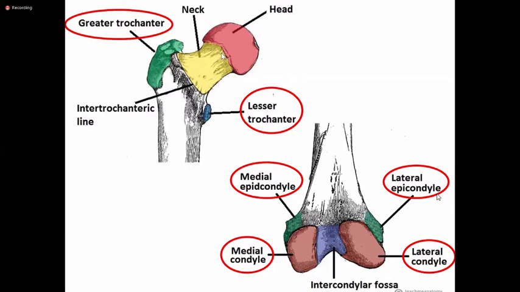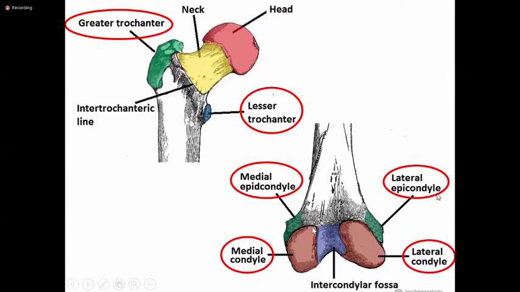Then this is the lower end of the femur. In the lower end of the femur we can see the condyles, the medial condyle and lateral condyle. These condyles are nothing but knob-like elevations of the bone. Above these, we have bony elevations called epicondyles.